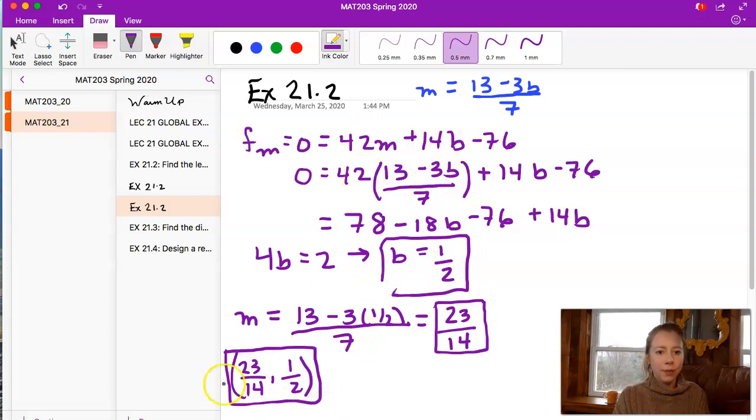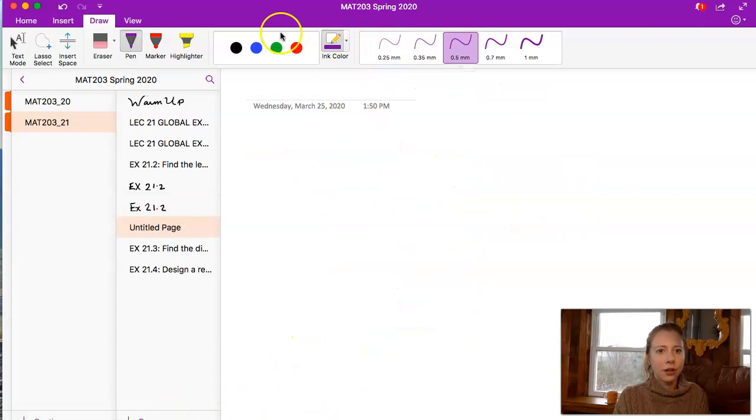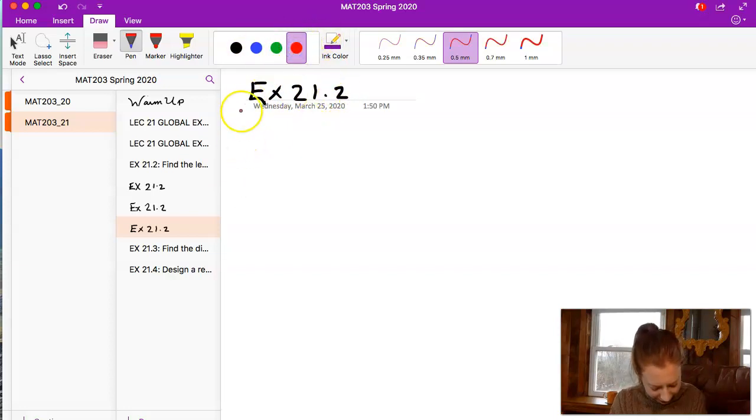So let me open up a new page. Okay, we're almost there, I promise. So we need to take our second order partial derivatives.